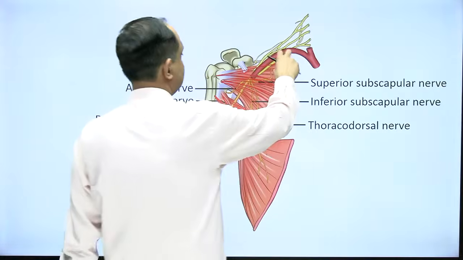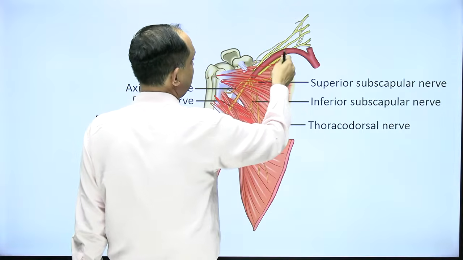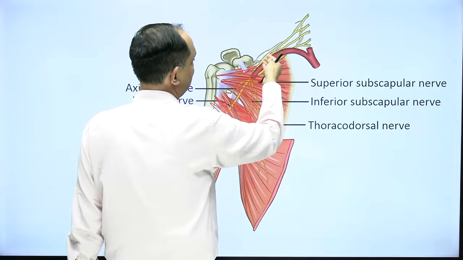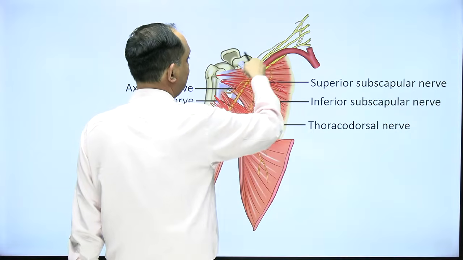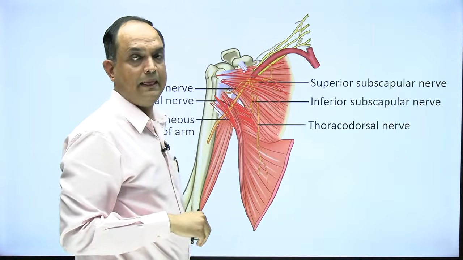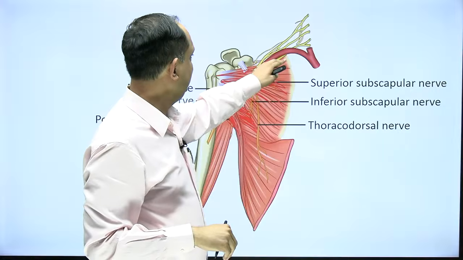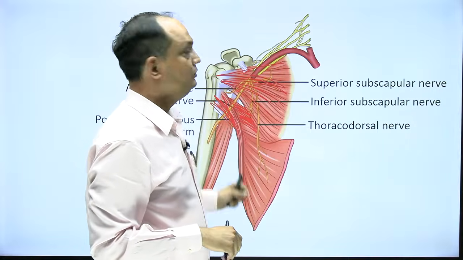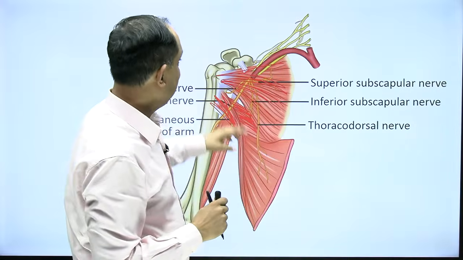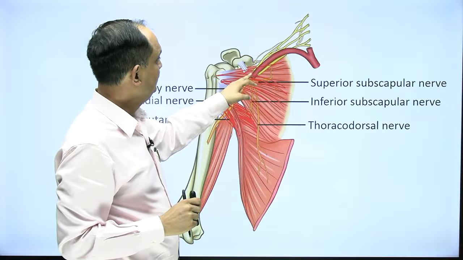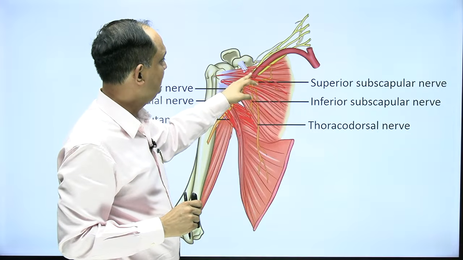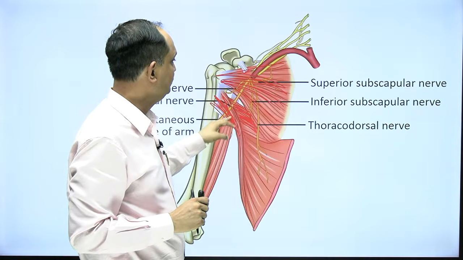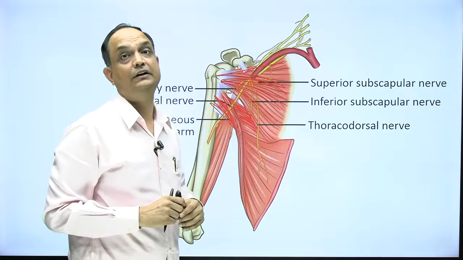Now these structures, that means the artery and the plexus, lie anterior to the posterior axillary wall. Clear? So when we are coming from here to here, keep in mind that the first part is related to some of the subscapularis, and as you go gradually, the posterior relation will increase.